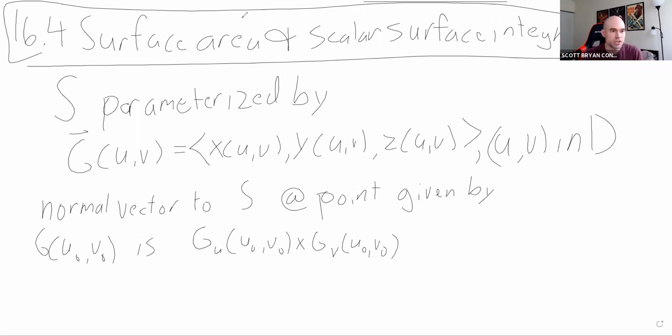So g is a vector function of u and v, and we go component by component. For g sub u, we take the partial of each component with respect to u, and then plug in u naught v naught. And for g sub v, we take the partial of each component with respect to v, and then we take the cross product, and that's going to give us a normal vector to the surface at the point corresponding to g of u naught v naught.